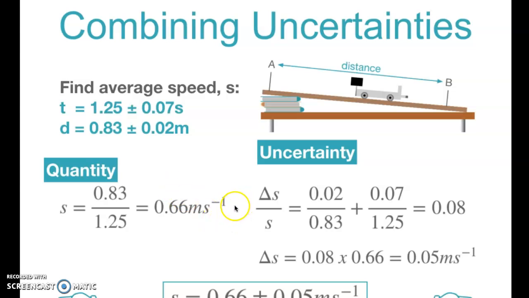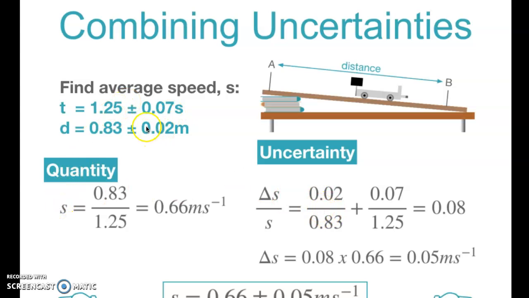But now we need to find the plus and minus bit. We need to find the uncertainty. Well, if you remember, the rule is that when you are multiplying or dividing quantities, you add the fractional uncertainties, right? So we're going to add the fractional uncertainty of distance to the fractional uncertainty of time, and that will give us the fractional uncertainty for speed.